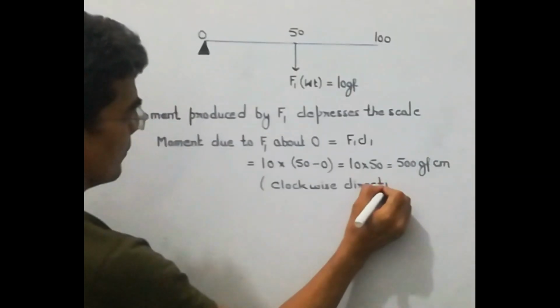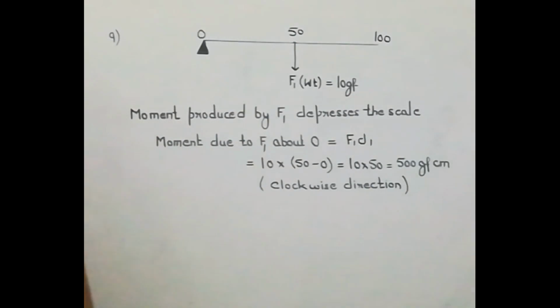So in the first part, they've asked you what moment depresses the rule. So it is 500 GF centimeter moment that depresses the rule, and in which direction? Clockwise. Now they say, how can it be made horizontal by applying a least force?